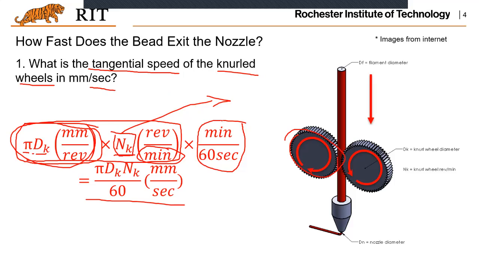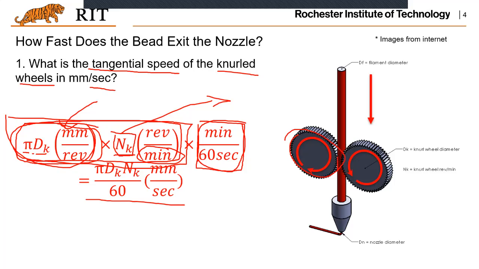Of course, you want to do a unit conversion for this, but that's not the primary thing. The primary thing is here. You have to understand that this is the distance it will travel for one turn, and this is how many turns it will rotate in 1 minute.